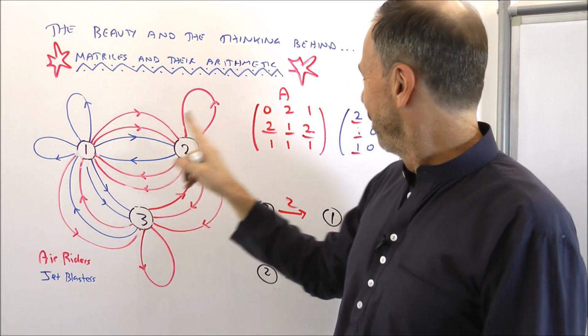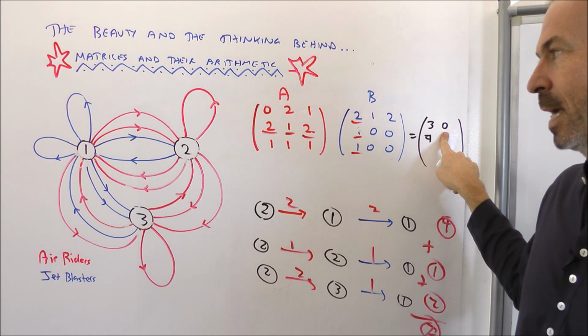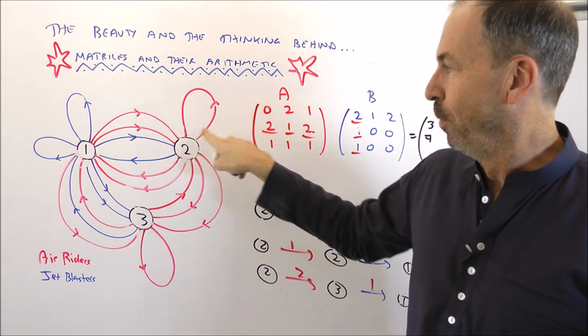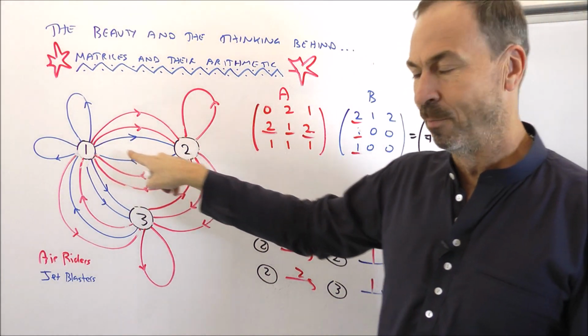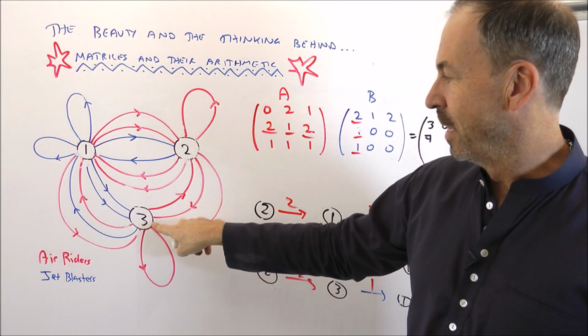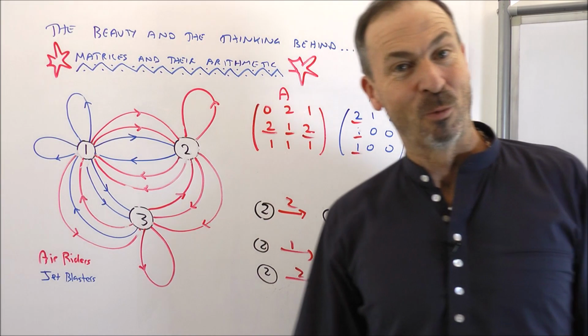Check that. If I go this red, then I can't do a blue. It will take me away from city 2. What other red do I have? I can do this red, then there's no blue that takes me to city 2. I can't go from city 1 to city 2 by first doing red, then blue.